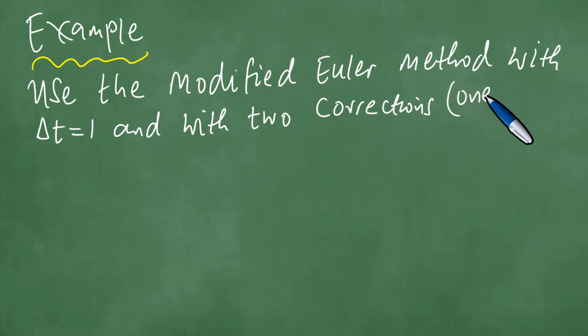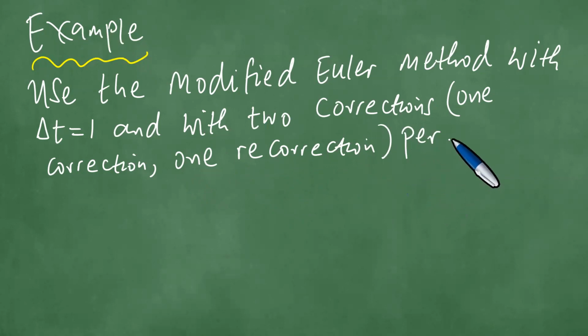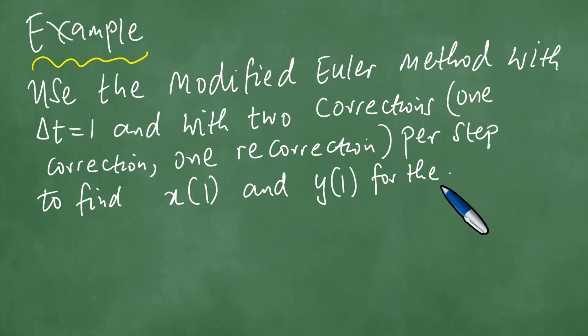Okay, the two corrections is always explained in this course. They always say 1 correction, one recorrection per step, to find x1 and y1 for the initial value problem.